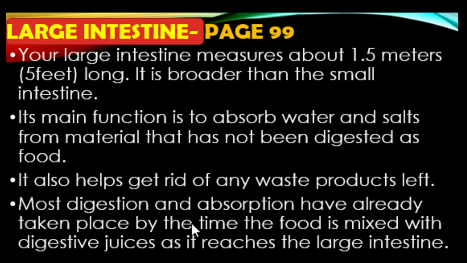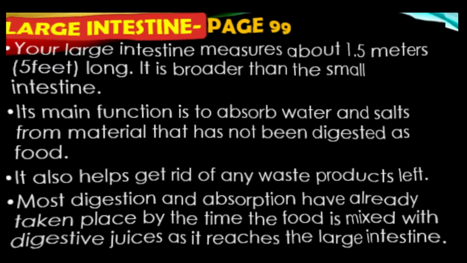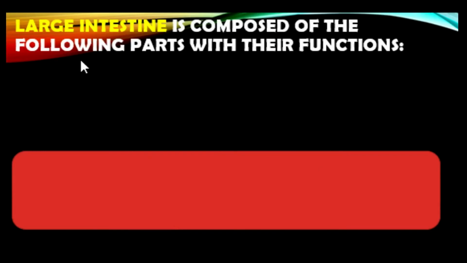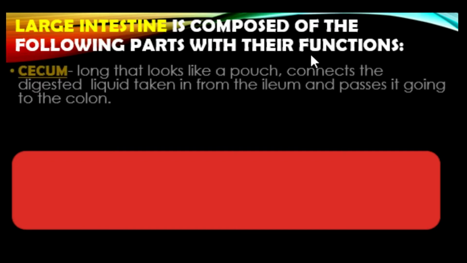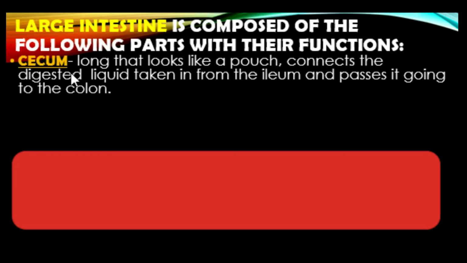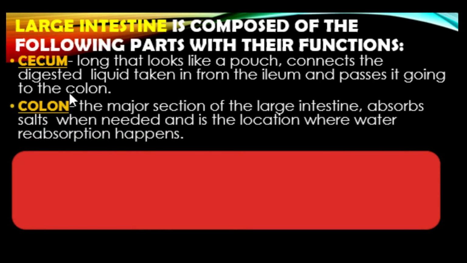Most digestion and absorption have already taken place by the time the food is mixed with digestive juices as it reaches the large intestine. The large intestine is composed of the following parts with their functions: cecum and colon.